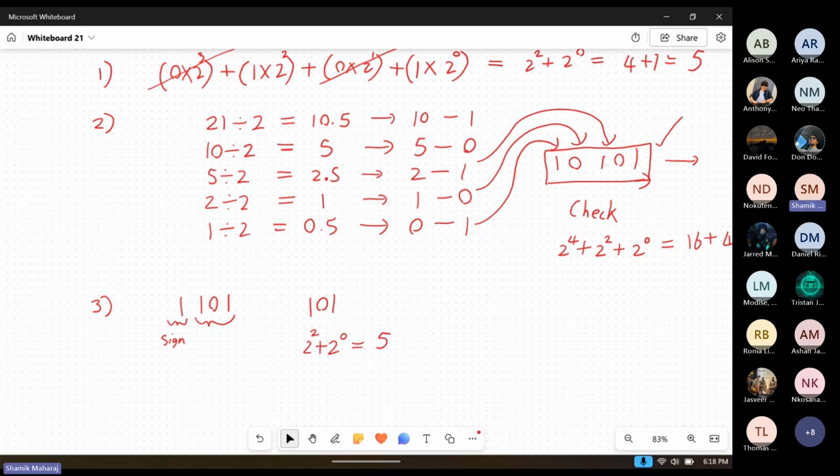Okay, and because the sign bit is a 1, that means the answer is negative. So this here is equivalent to negative 5. That's the answer. Yeah, that's using simple sign bit. A simple sign bit is the most straightforward way to represent a negative number.